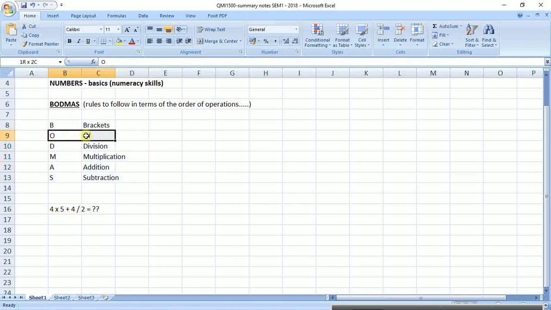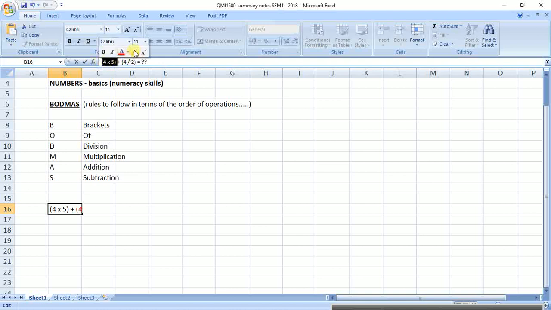Are there any brackets here? No. Is there any of? No. Division? Yes. So the calculator actually does that first. Then it'll look for multiplication. Is there multiplication? Yes, there's multiplication there.